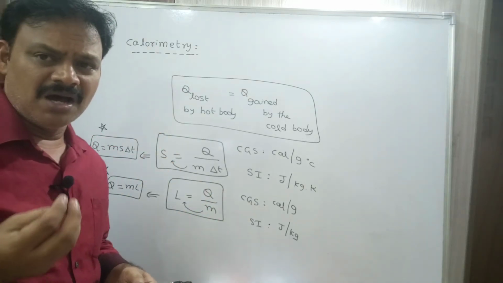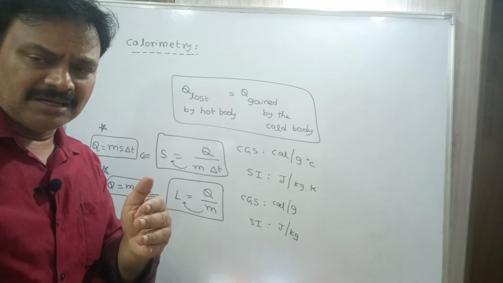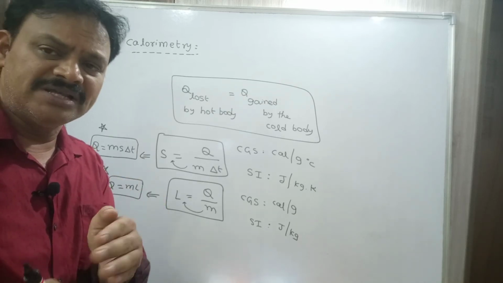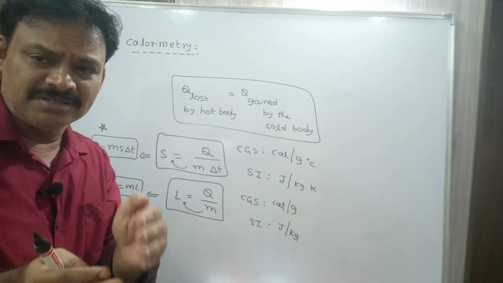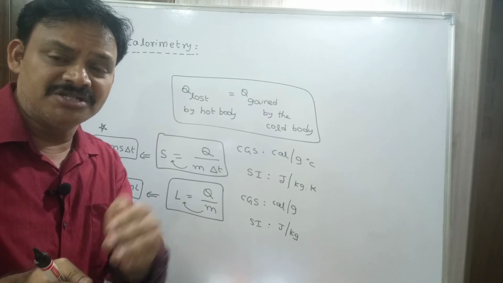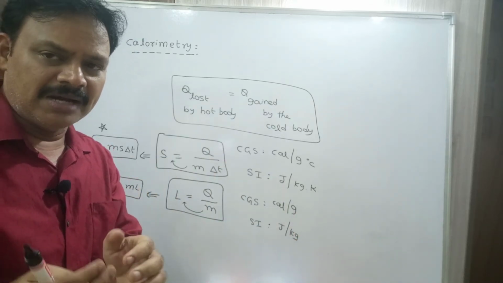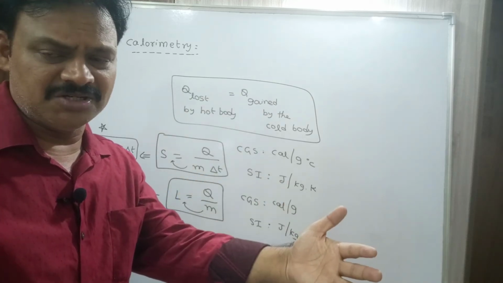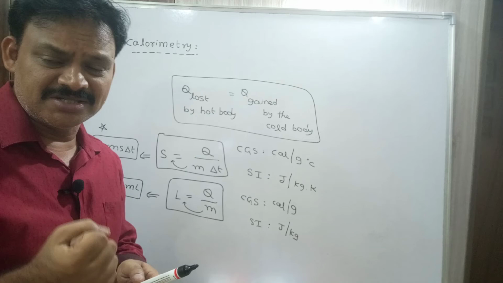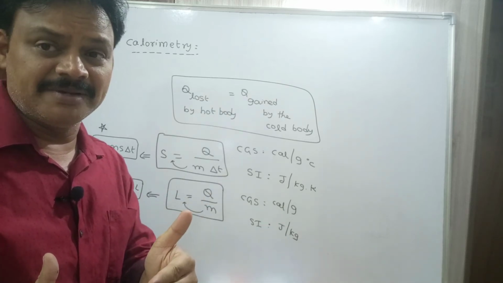Suppose after some time, after 10 seconds or so, out of 10 grams of ice, only 3 grams of ice is converted. What does it mean? 3 grams of ice convert into water. So the remaining 7 grams of ice is still there. And after some more time, 6 grams of ice is converted into water. Again 4 grams of ice is still there. The temperature during the change of state remains constant.